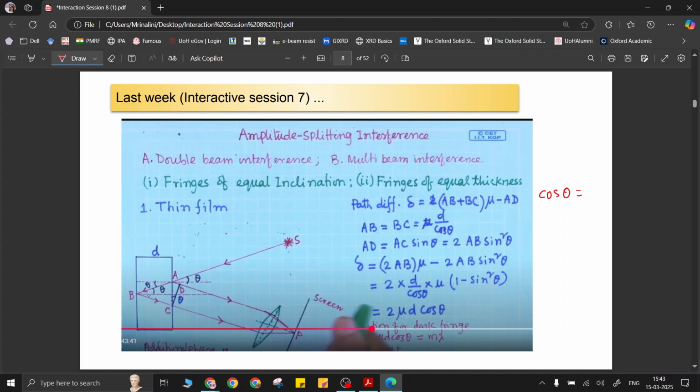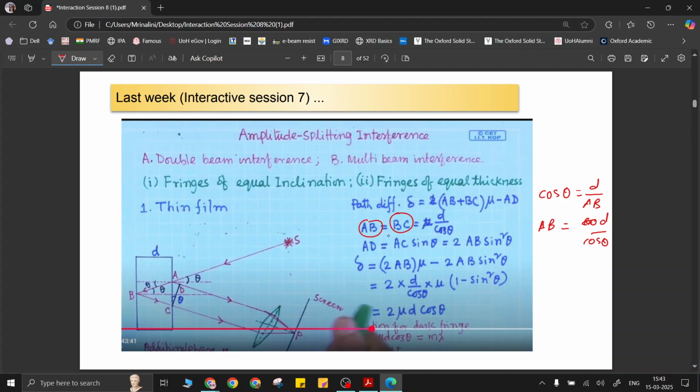The base is d and the hypotenuse is AB. So cos theta equals d upon AB, which means AB will be d over cos theta.